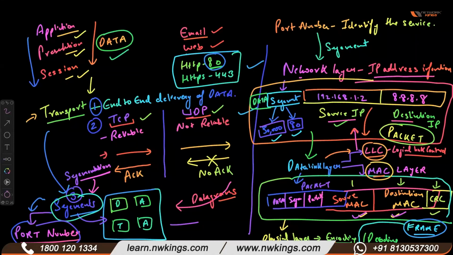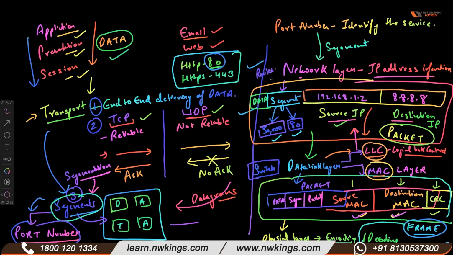Your cables and cable connectors work on the physical layer. At the data link layer, devices like network switches work. At the network layer, you have routers and layer 3 switches.